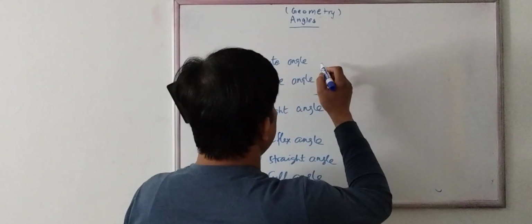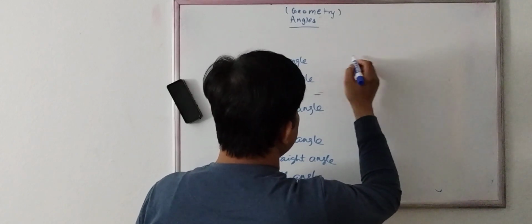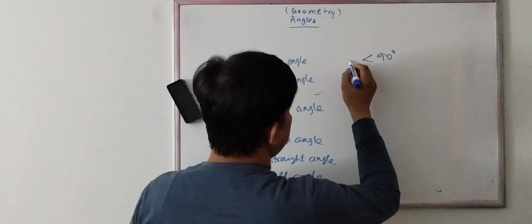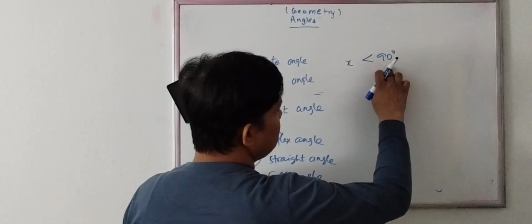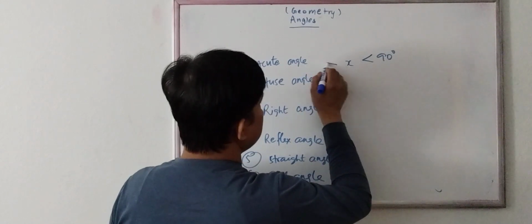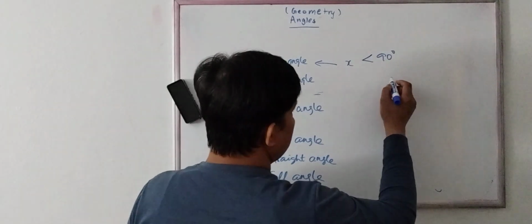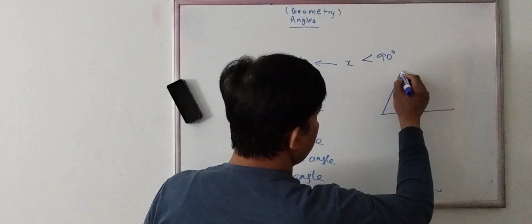Acute angle. The definition of an acute angle is that it is less than 90 degrees. Any angle, let's call it angle X, if it's less than 90 degrees, then this is your acute angle. In the example, you can see this one.